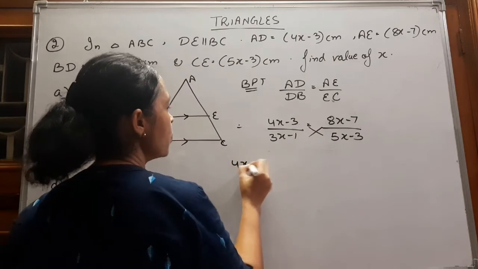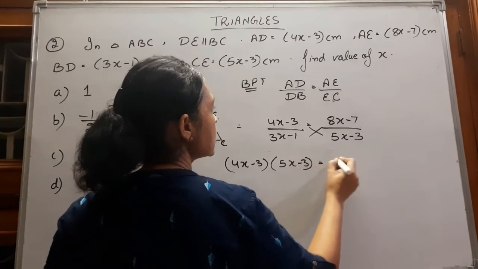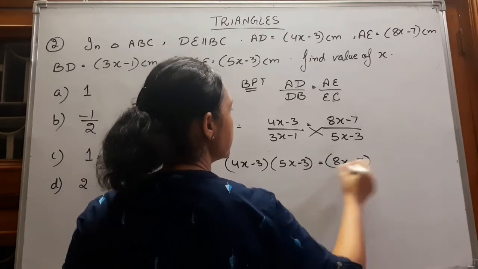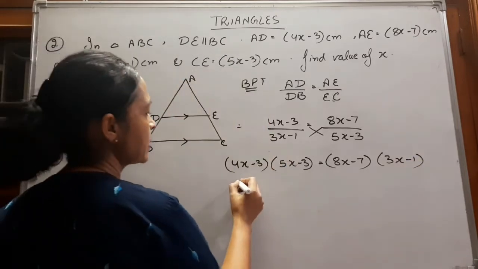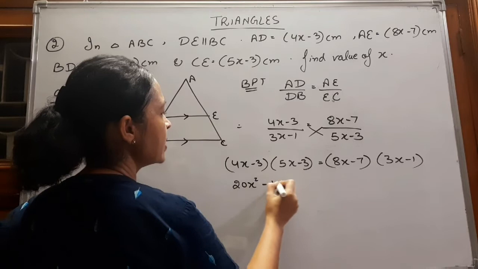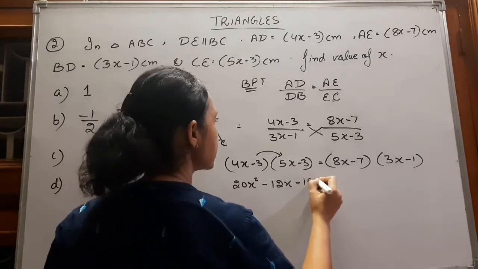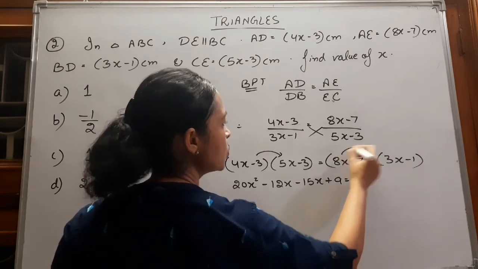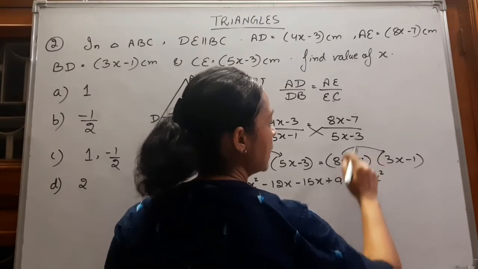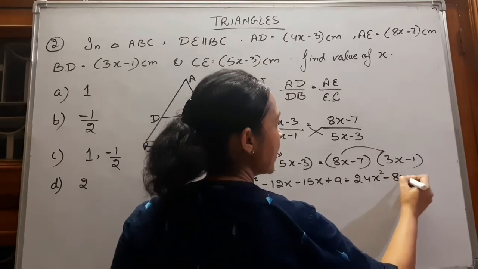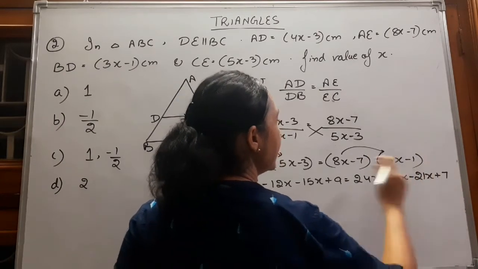We have 4x minus 3 into 5x minus 3 equals 8x minus 7 into 3x minus 1. 4x into 5x is 20x square, minus 12x, minus 15x, plus 9, equals 8x into 3x, 24x square, 8x into minus 1 is minus 8x, minus 7 into 3x is minus 21x, and minus 7 into minus 1 is 7.